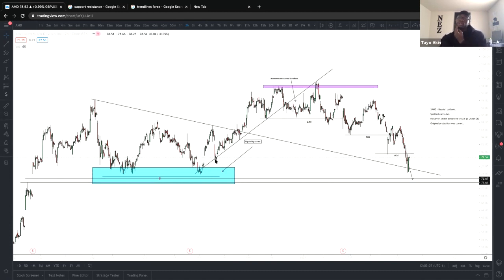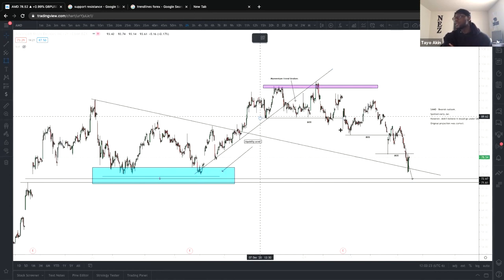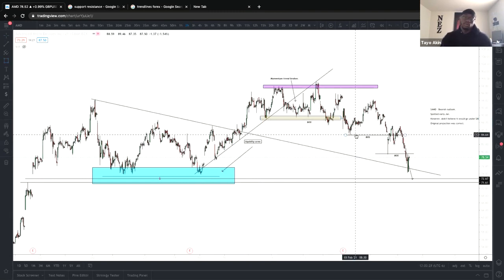Another thing you need to understand is that if price is bouncing in an area a lot, then price is looking to break it really soon. This is a prime example of price rejecting the area quite a lot. The best way I explain this is, if you keep hitting a wall, it gets weaker. I'm trying to break it down to the simplest concept that I can.